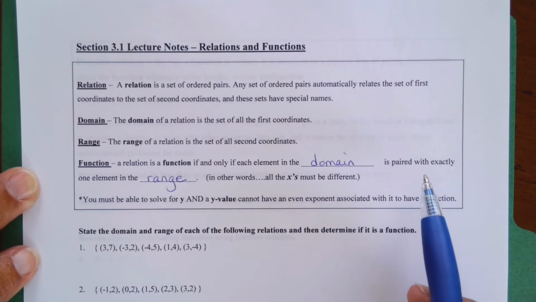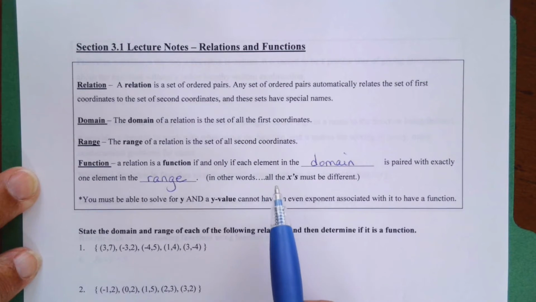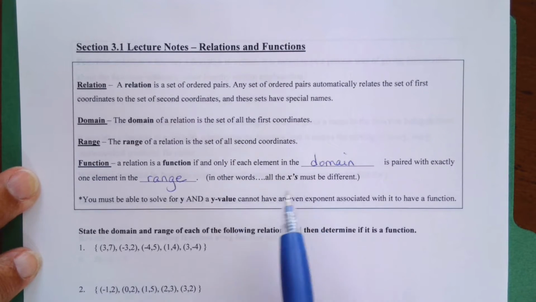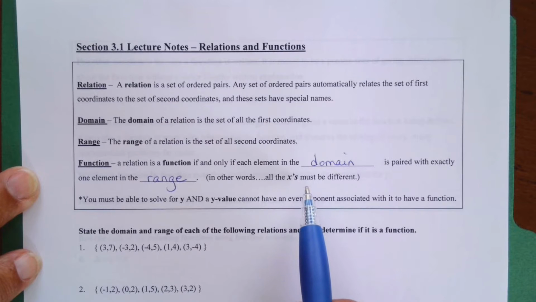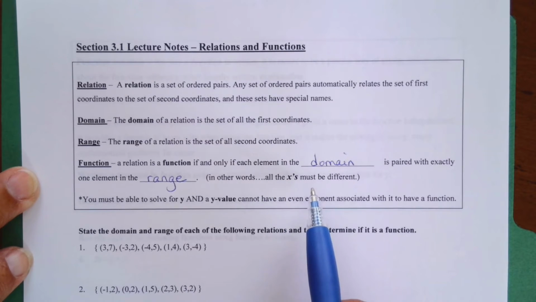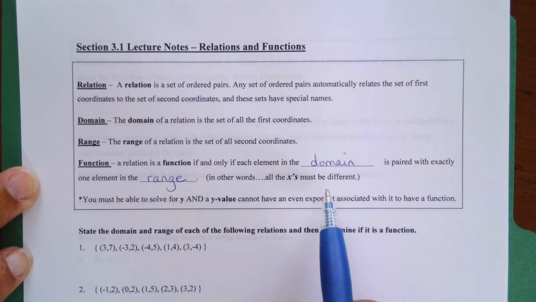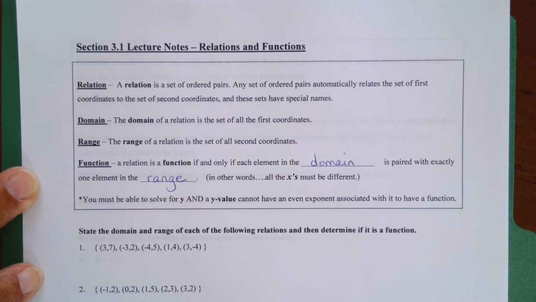A lot of students get this confused, so I try to just make this as simple as I can. When you're looking to see if something's a function, you want to check and make sure that all the x values are different. Okay? There's several ways to do that, so that's part of what we're going to do right now, is talk about all the different ways that we can tell whether or not a relation is a function.